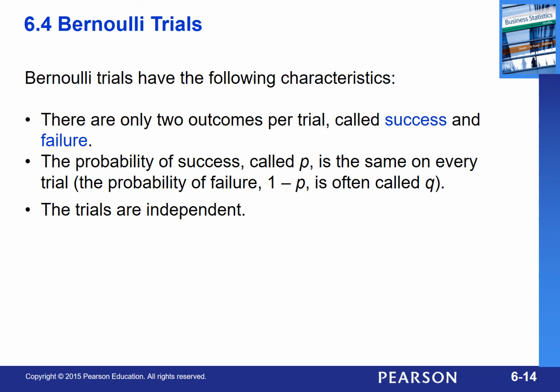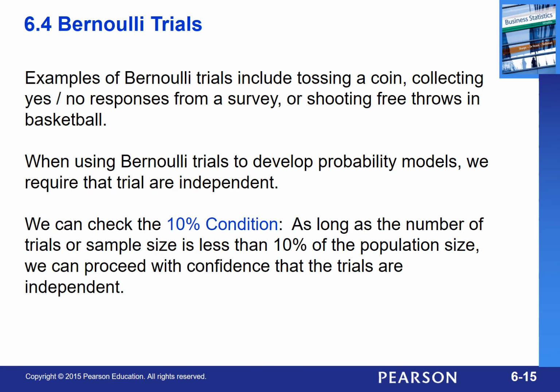We call the probability of success P, and the probability of failure Q. And we need all the trials to be independent. Examples of Bernoulli trials include tossing a coin, collecting yes or no responses from a survey, or shooting free throws from basketball. Those of you who are interested in marketing, the yes or no responses are totally your thing.